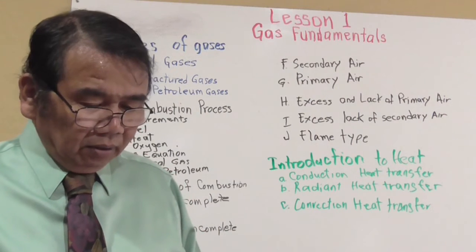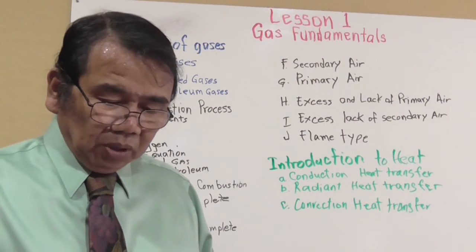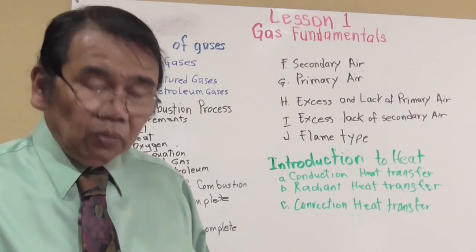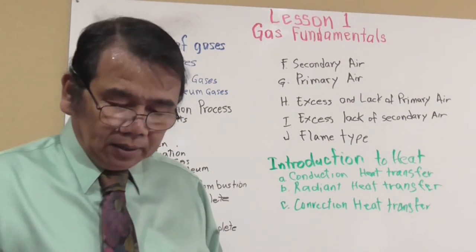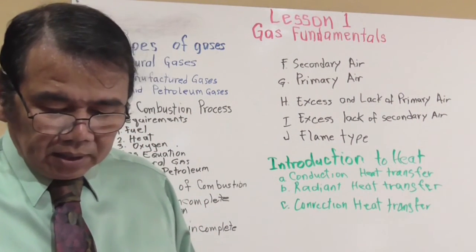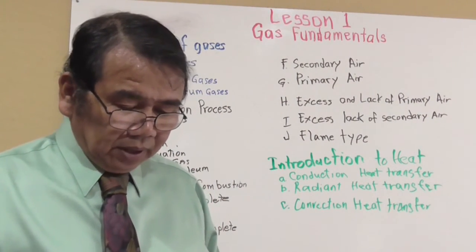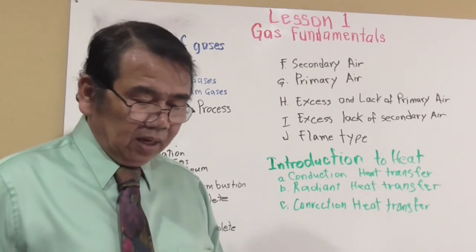And then we have radiant heat. Radiant heat is heat transfer by radiation, which travels through space without heating the space, and is absorbed by the first solid object that is encountered.